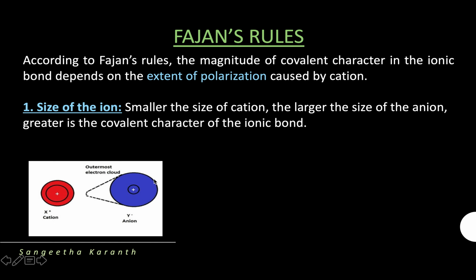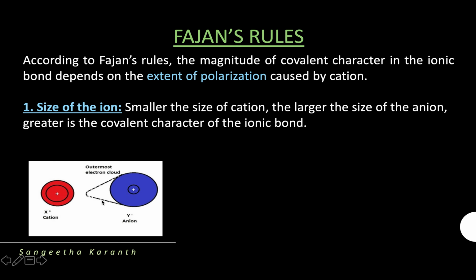So the outer electron cloud of the anion will be polarized, that is, it will be slightly pulled towards this cation, since the cation is making the anion get polarized. Although this is an ionic bond, in the sense of the interaction between a positive and negative ion, which we usually call ionic interaction or ionic bond, since there is polarization, we call it a covalent character in the ionic bond.